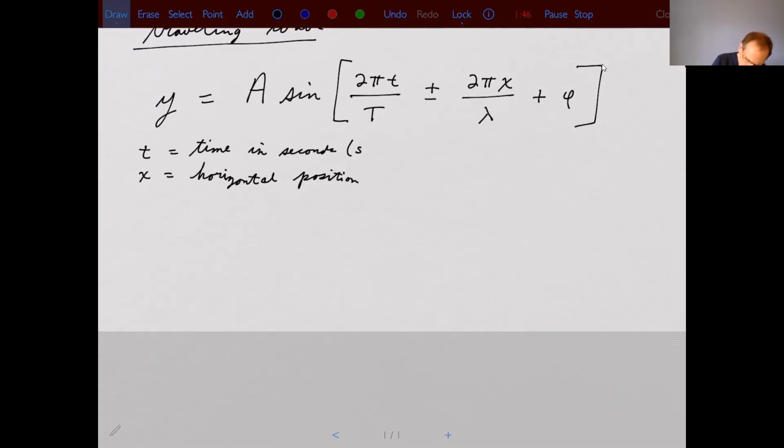This is in seconds, this is in meters. The y is the displacement from the equilibrium position.